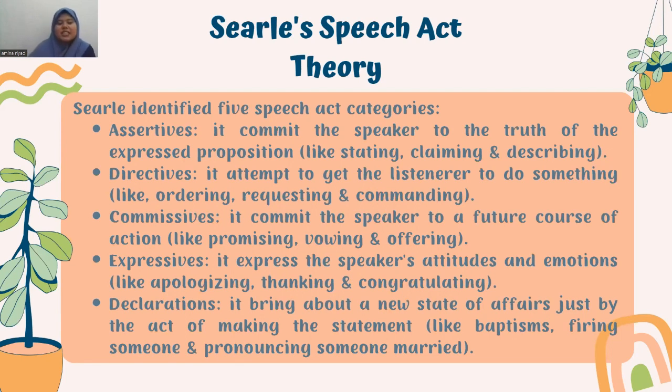And the fourth is expressive. It expresses the speaker's attitudes and emotion, like apologizing, thanking, and congratulating. And the last one is declarations. It brings about a new state of affairs just by the act of making the statement, like baptizing, firing someone, and pronouncing someone married.